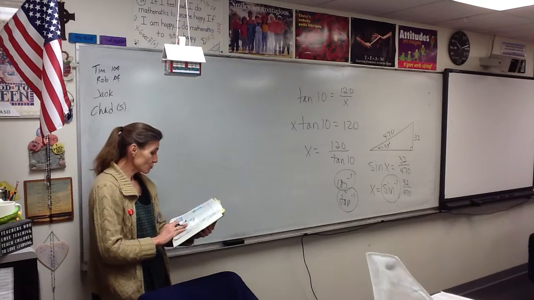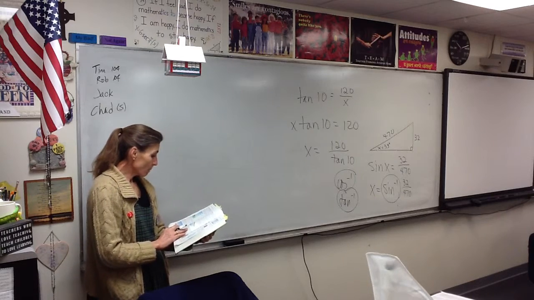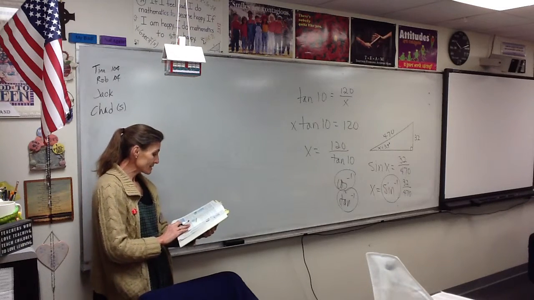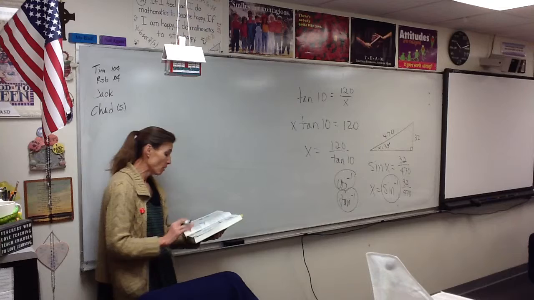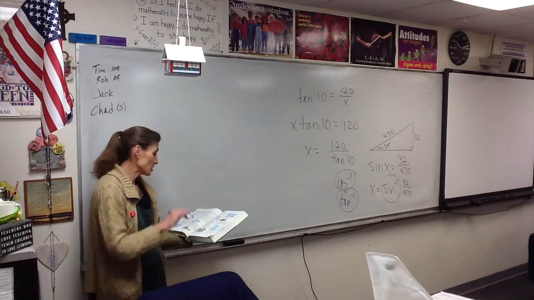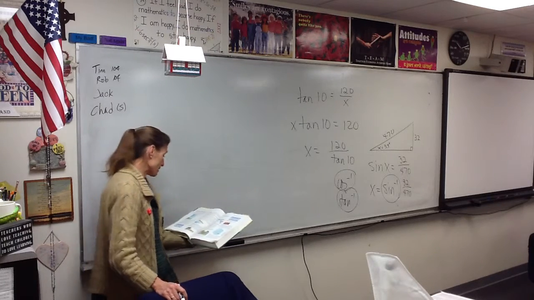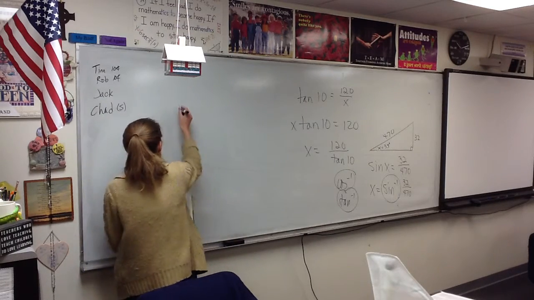A wire stretches from the top of a vertical pole to a point on level ground 16 feet from the base of the pole. Now, there is no picture for this problem. That picture goes with a different problem. You are on your own with problem 6. We have a vertical pole.